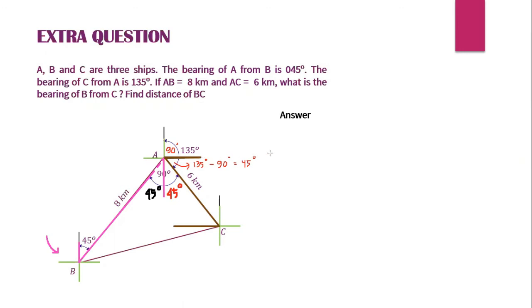We got the Z angle properties. Now we're going to find the angle. Because here is 45 degrees, automatically here is 45 degrees. We got it, 45 degrees, 45 degrees, right?